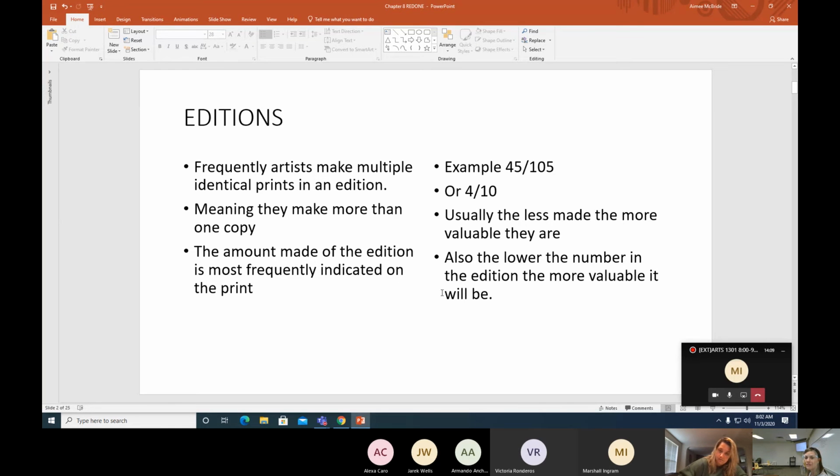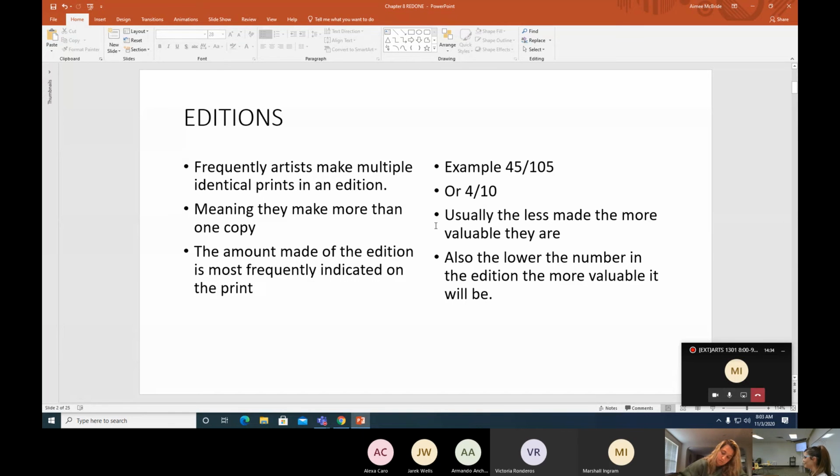The amount of editions made or copies made in prints usually helps to determine the value. So if, let's say, there were 1,000 copies made, that's quite a bit. That's not considered limited edition when there's 1,000 or more. So your prints would be less valuable than, let's say, if there were only 10 copies.